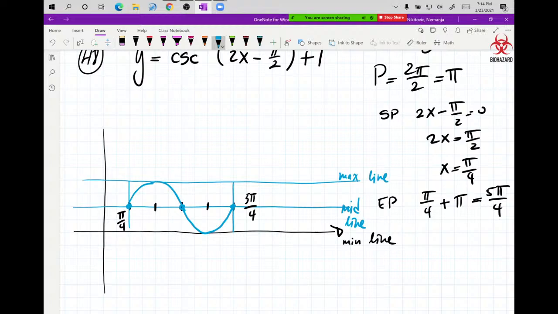The rule for secant cosecant graphs is anywhere where the sine or cosine crosses the x-axis, you are going to have a vertical asymptote. Now, can anyone tell me why is that so? Why do we have a vertical asymptote through each zero, in this case of sine? Anyone?